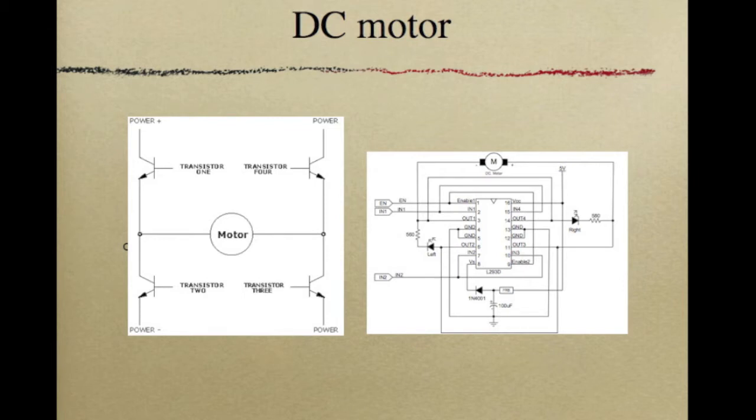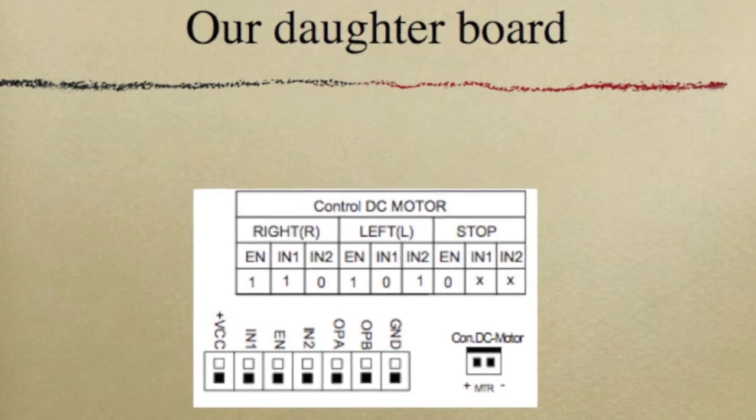This will help us to control the direction and protect the controller board at the same time. Luckily, you don't have to get into the details of the H-bridge. Just use it in our lab. Our board is already connected with the H-bridge for you.